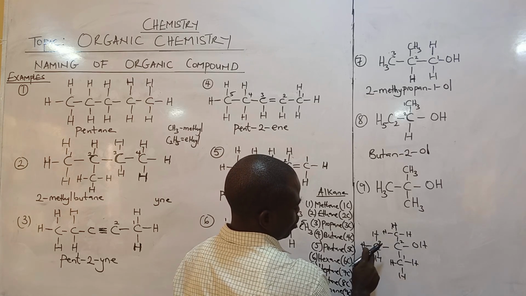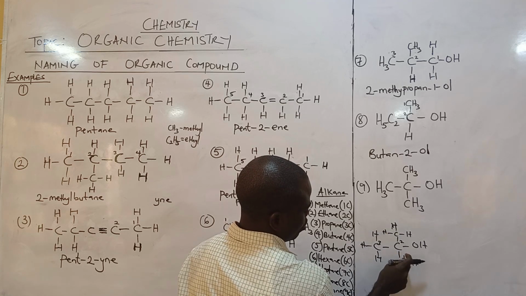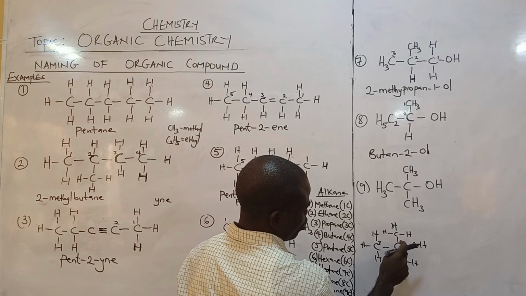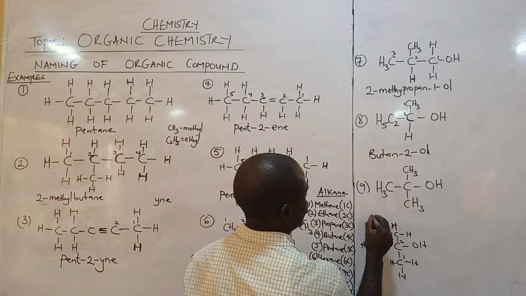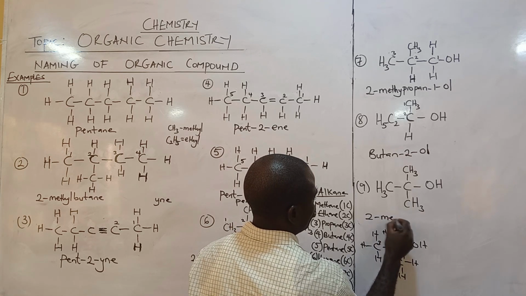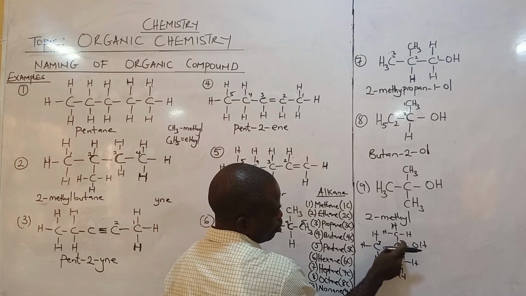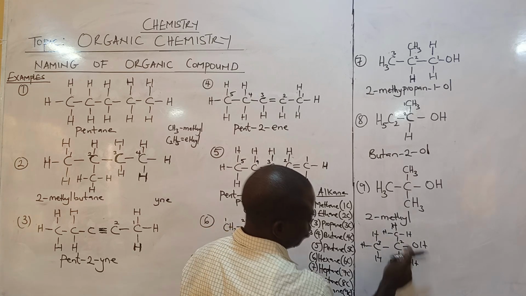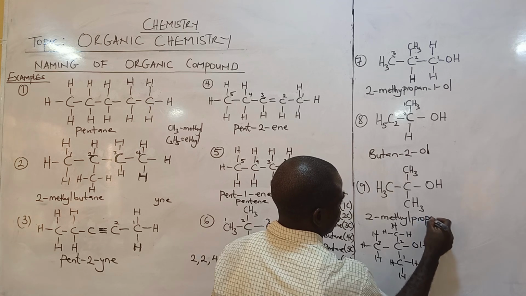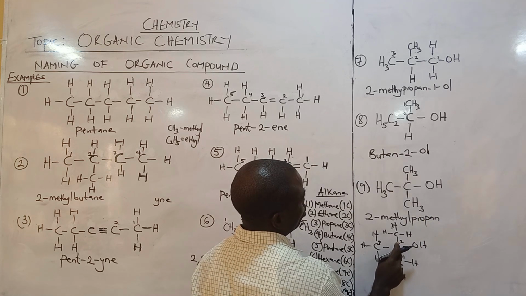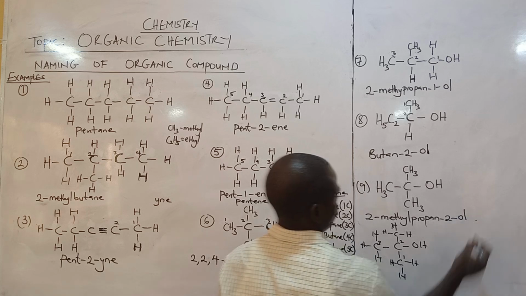See, now it's 2-methyl, 1, 2, 3. 2-methylpropan-2-ol. See, the methyl is attached to carbon number 2, and the propan is attached to carbon number 2, propan-2-ol.